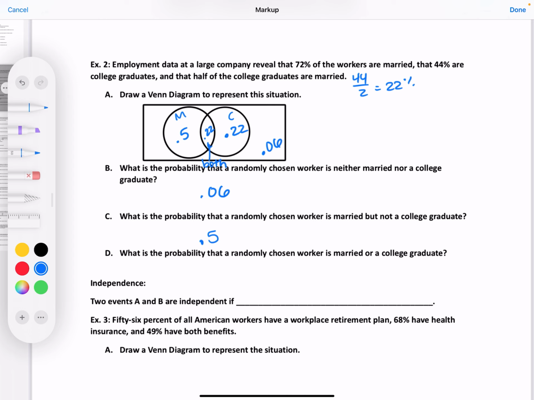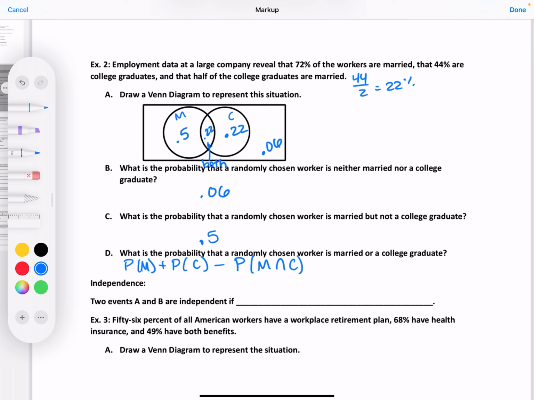And what is the probability that a randomly chosen worker is married or a college graduate? So you can either, once you have your Venn diagram, add up all these numbers and just give that number. Or you can actually use the formula: the probability that they're married plus the probability that they're a college graduate minus the probability of married intersected with a college graduate.